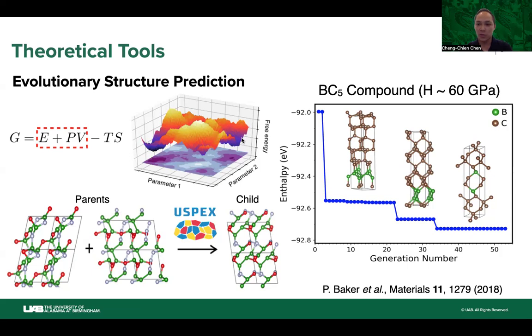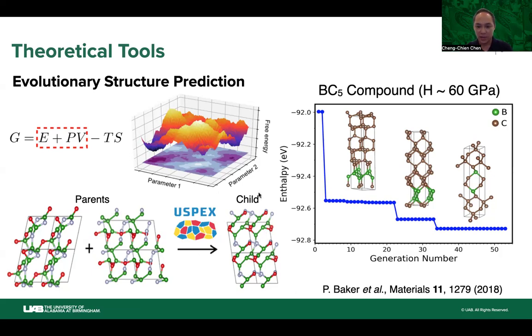One of the methods we have been using is the so-called evolutionary search. This is based on a biological concept: for example, parent crystal structures can be combined through a heredity operator to form child structures. The child structures can undergo further mutation operators, such as lattice distortion or atomic displacements.